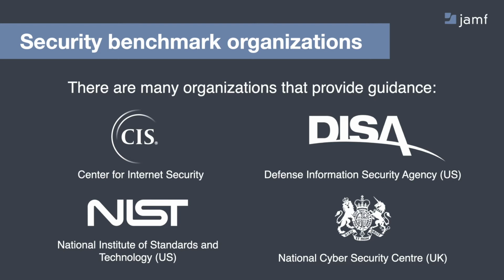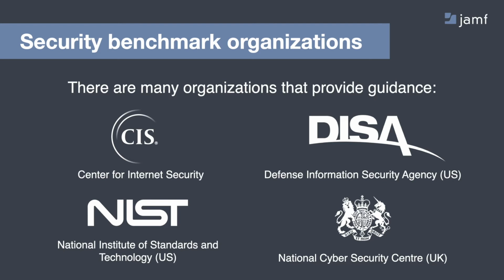You also have DISA and NIST from the US federal government that also provide different methods of guidance, whether it be from the DISA STIGs, especially for the US Department of Defense. You also have civilian agencies looking at NIST and also enterprise organizations looking at NIST, whether it be the 800-171, or 179, whatever it might be.